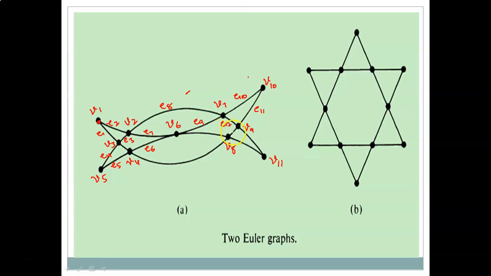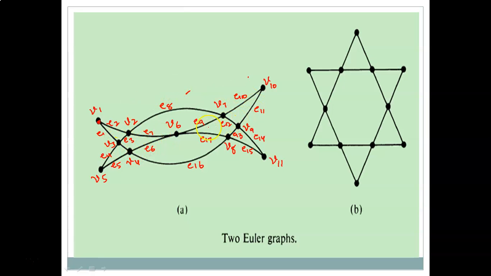This is E12, and let this be E13, E14, E15. Let this edge from V4 to V8 be E16, and then what is left here? Let this be E17. So I think I have written all the vertices and edges here.